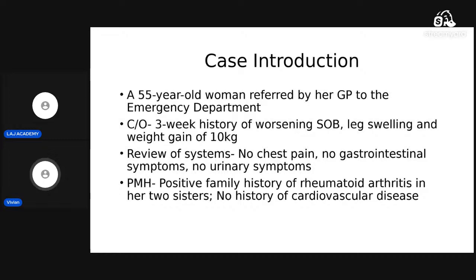She presented with a 3-week history of worsening shortness of breath, leg swelling, and weight gain of 10 kilograms.